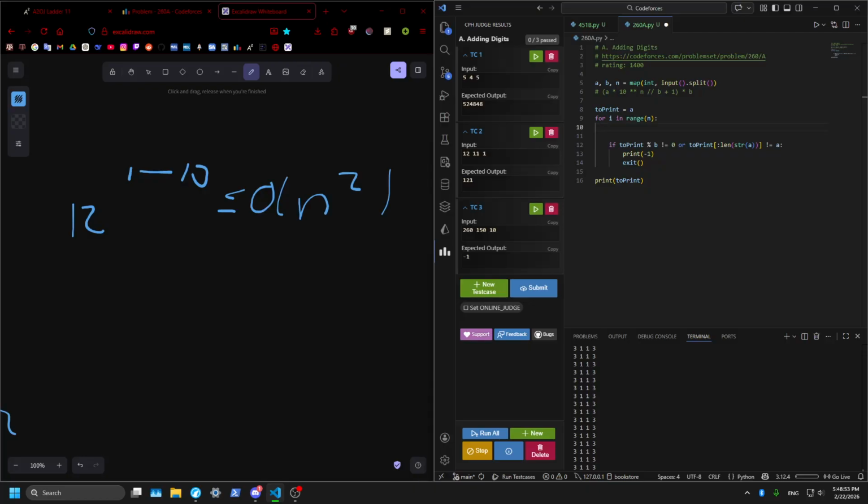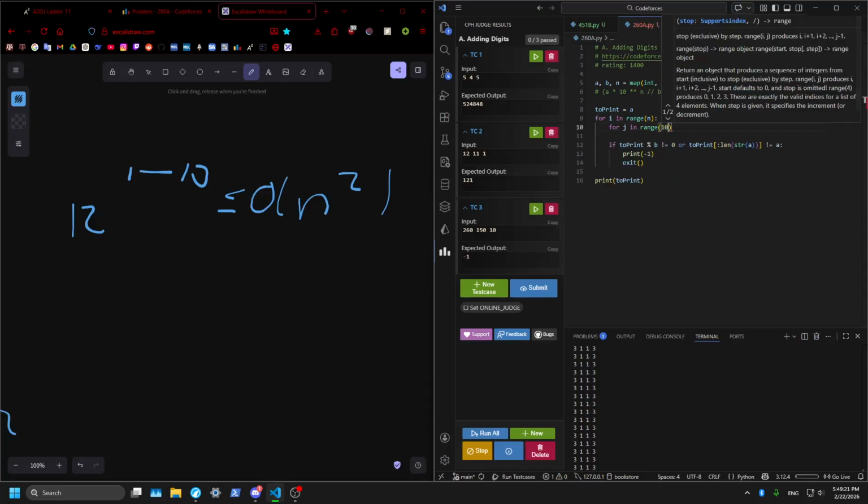So we can't just iterate through each digit and then iterate 1 through 10. I mean, it's a constant, or 0 through 9. It is a constant 9. It's like 9n. O of 9n. Like for i in, for j in range 0 through 9.